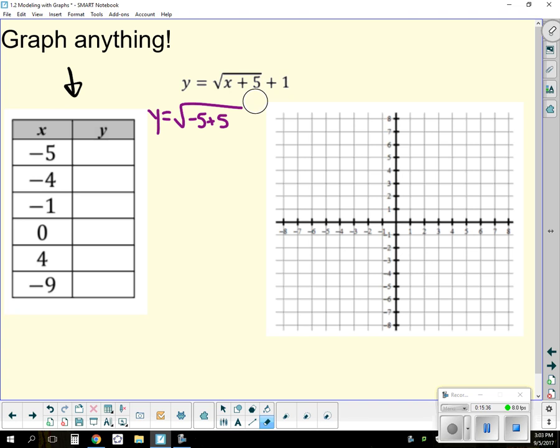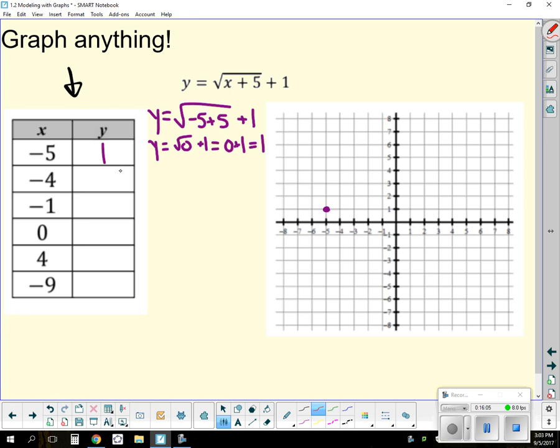I need to end my square root. Make sure the plus 1 is not under there because it's not in my equation. That gives me y equals the square root of 0 plus 1. The square root of 0 is just 0, and so I just end up with 1. My first ordered pair to plot is -5, 1.